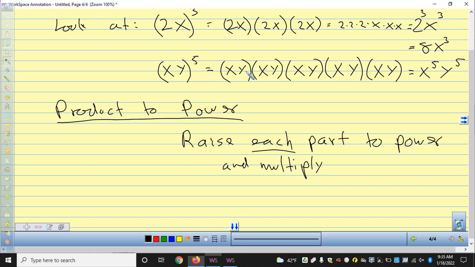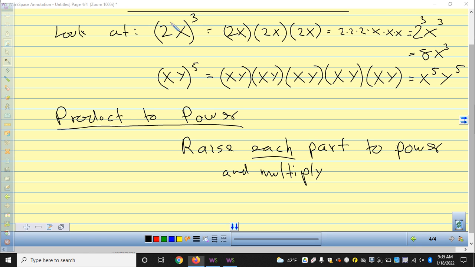Because this means multiplication. So it's sort of like that 3 is being distributed, sort of, but it's not really distributing, but it's kind of like distributing. All right, so let's look at a couple of examples of a product to a power.